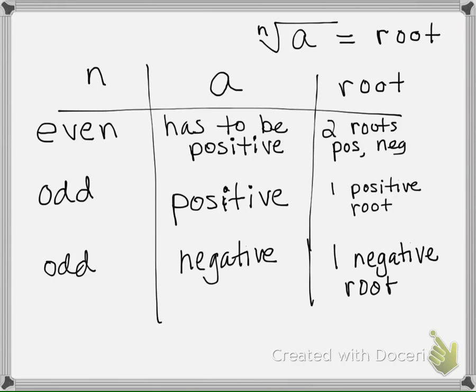Even. And if your index is odd, you're only going to have 1 answer. And it's dependent upon your radicand. If your radicand's positive, your answer is going to be positive. Radicand is negative, your answer is going to be negative. But there's only going to be 1 of them. So please keep that in mind. Make sense?